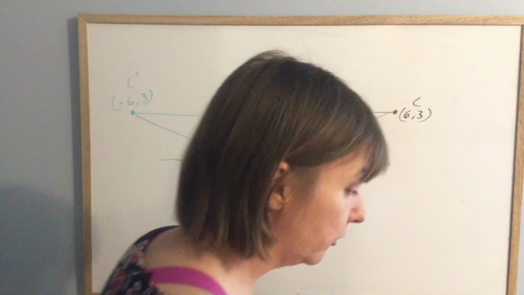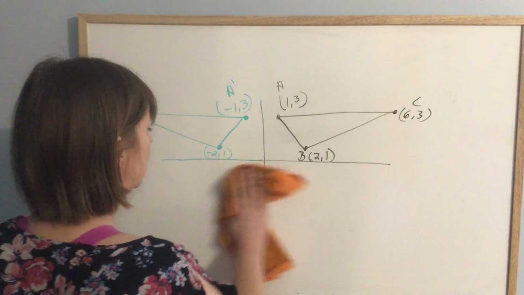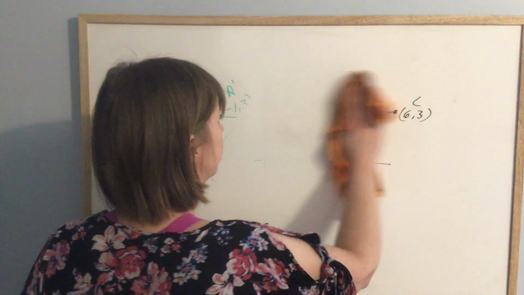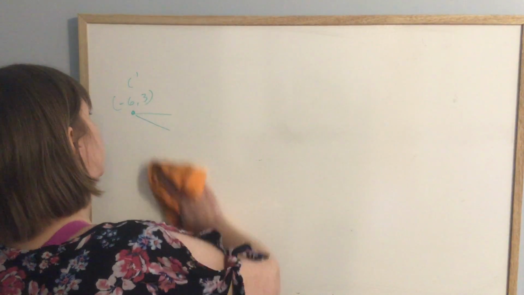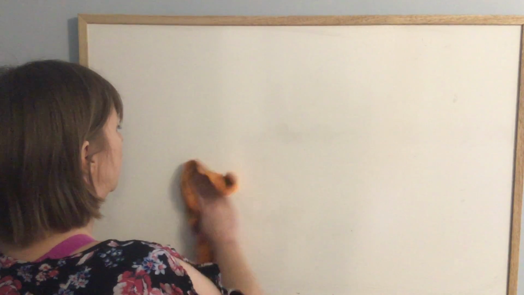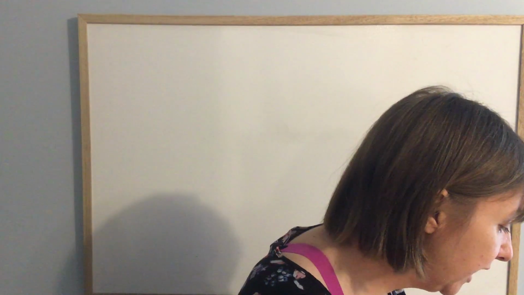I'm going to talk through the next couple because I can. So I'm going to tell you where your points should be, okay? So that was number 12. So for number 14, again, you're reflecting in the y-axis, so you're going to change the sign of your x's.